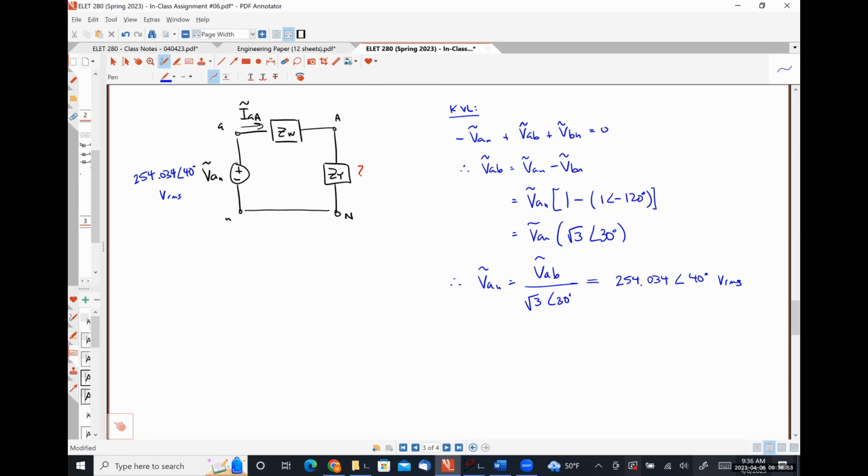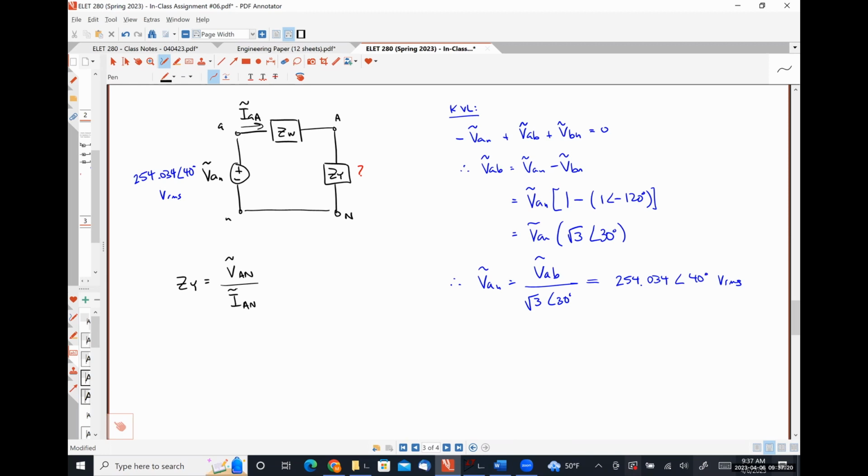Our impedance ZY is going to be the voltage VAN divided by the current IAN, because that's literally the definition of impedance, simply the ratio of the voltage drop across the element divided by the current flowing through the element.